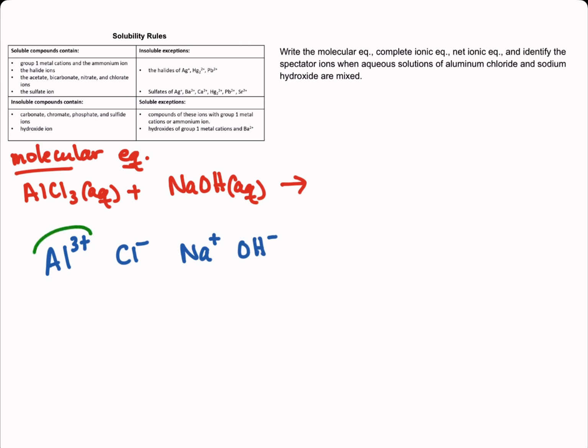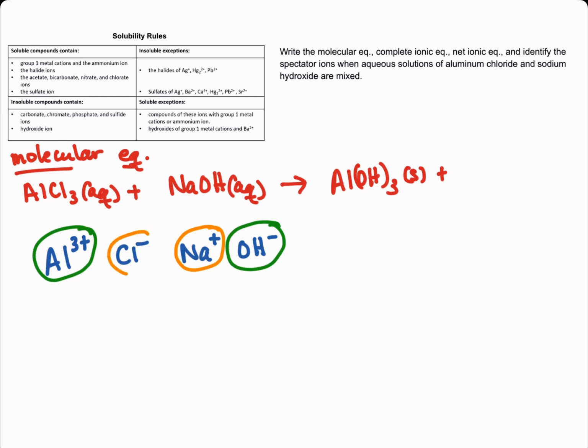So aluminum is going to bond to the hydroxide, and we're going to get aluminum hydroxide. I'm going to take a look at the table. Hydroxides are usually insoluble. Aluminum is not the exception, so it gets the symbol S. And then I'm going to group sodium with chlorine.